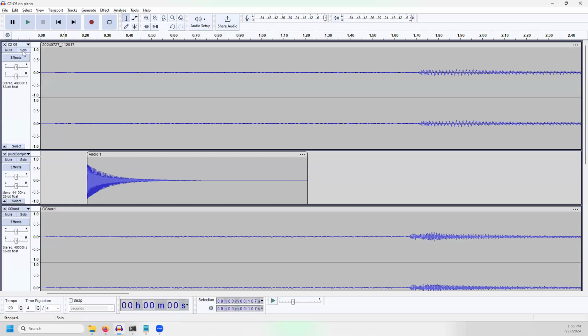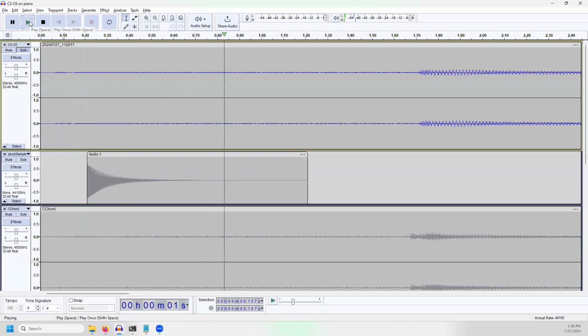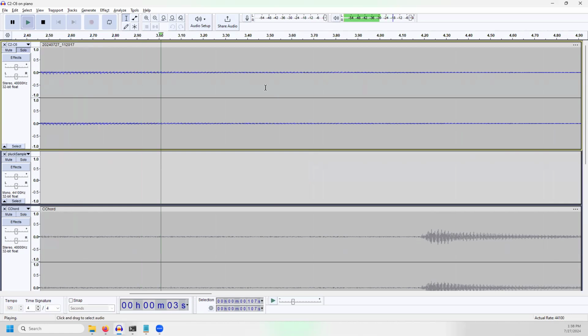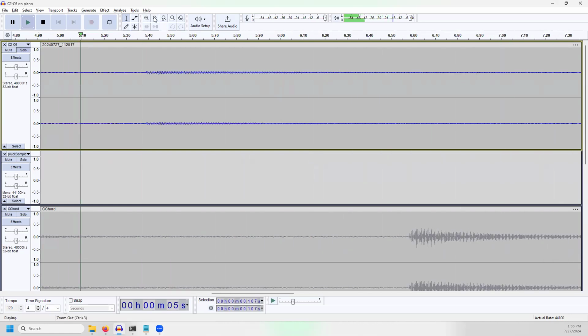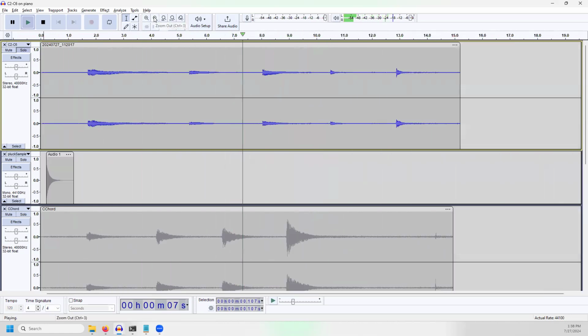Let me unselect that and click solo and see if that waves. So that's a recording of me playing C2 through C6, C2, then C3, then C4, then C5, then C6 on the piano.